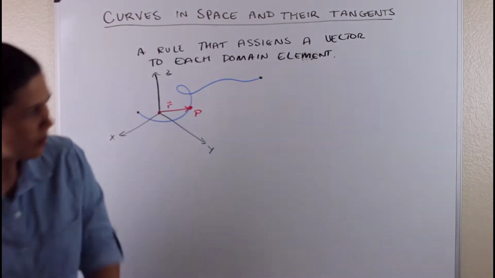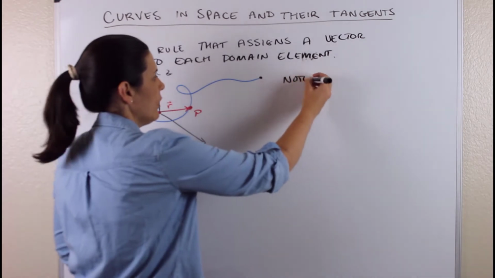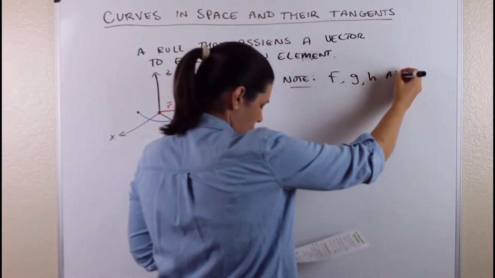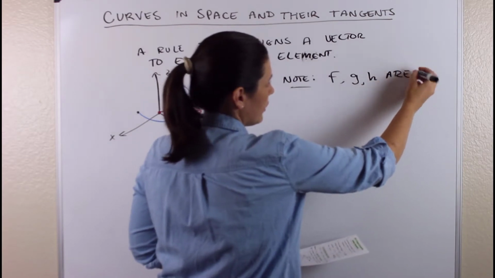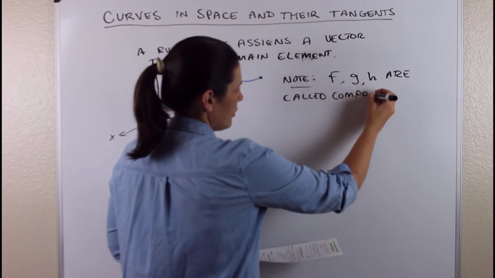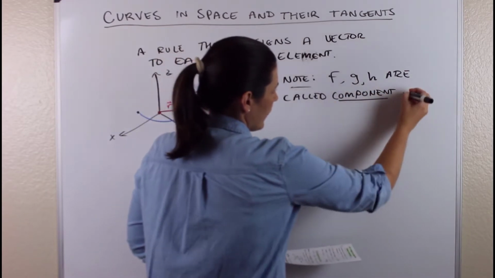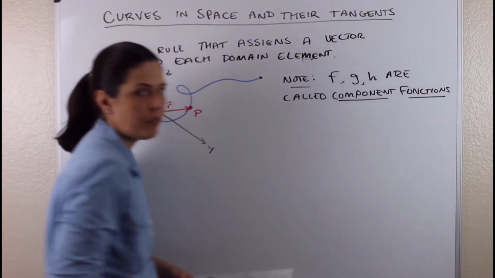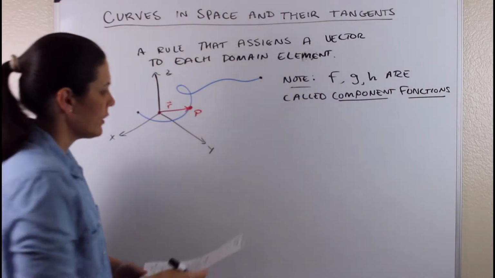So note, we'll write it over here, note that f, g, and h are called component functions, and that's because they give us the components of our vector, the x, y, z components.